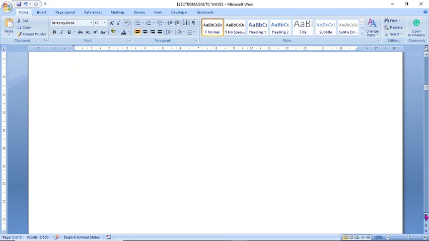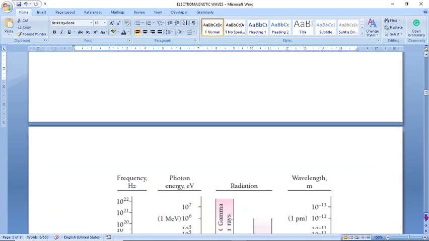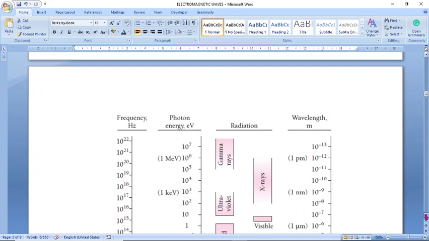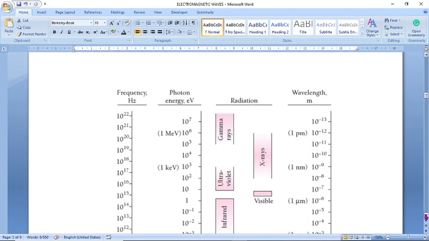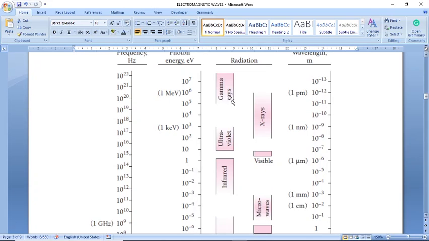ഓക്കെ, അപ്പോൾ ഈ ലൈറ്റ് എനർജി, electromagnetic wavesനെ we can arrange according to their energy or their wavelength or their frequency, and we have arranged them as decreasing photon energy, or decreasing frequency, or increasing wavelength.